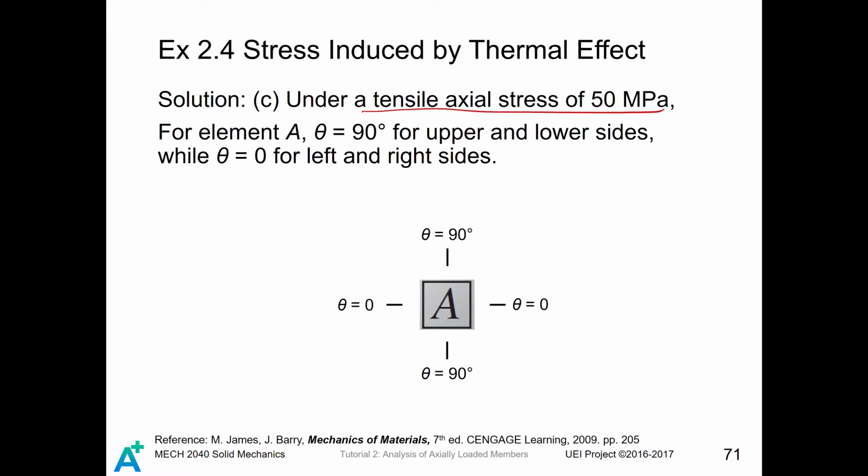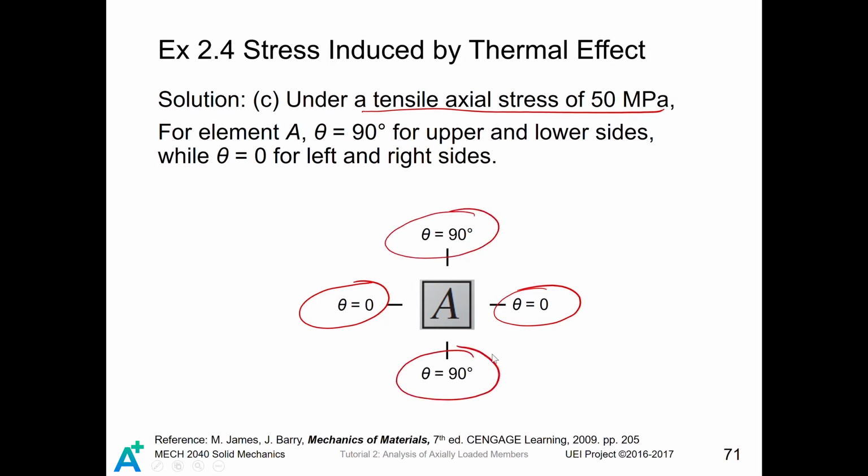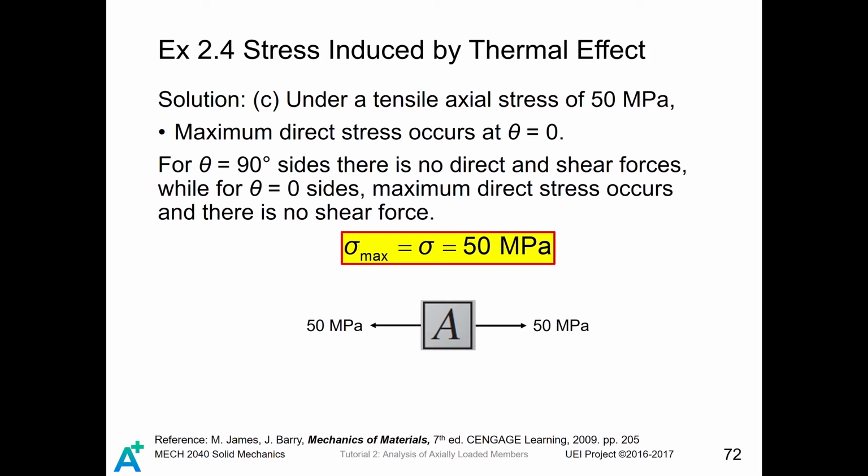For vertical surfaces, theta equals 0. For horizontal surfaces, theta equals 90 degrees. Since we know that the maximum direct stress occurs at theta equals 0, and when theta equals 90 degrees, there is no direct and shear stress, the stresses on element A are sketched like this.